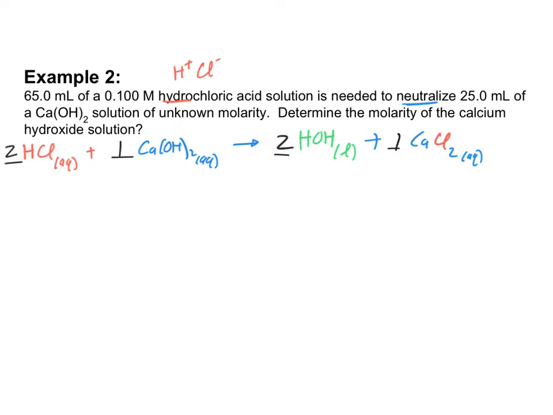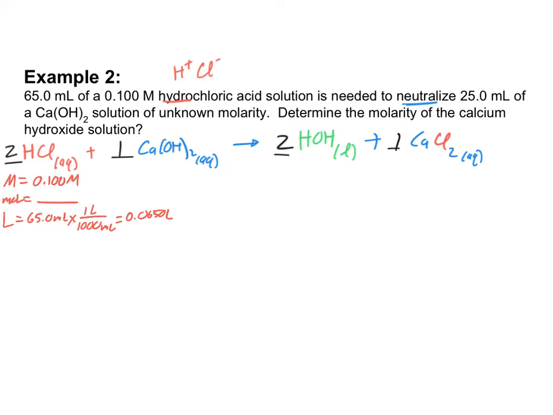So now I'm going to go ahead and look at what I know. In this case, I know the molarity of my hydrochloric acid is 0.100 molar. I don't know moles, but I do know the volume, in this case, is 65.0 milliliters times 1 liter over 1,000 milliliters, which will give me 0.0650 liters.